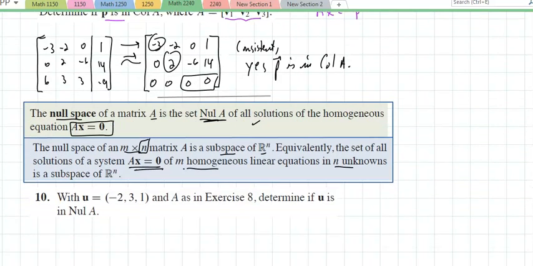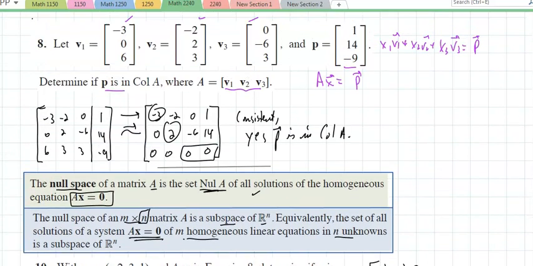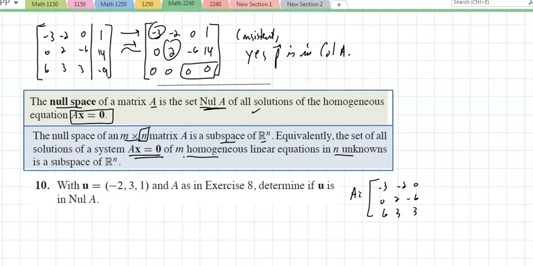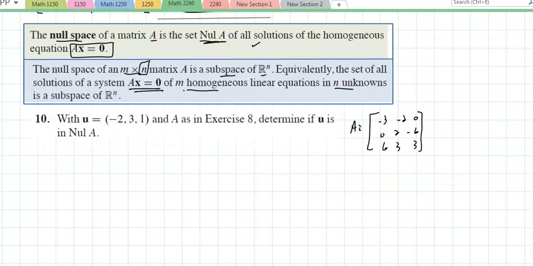There's A. Those three vectors. And did I get them right? Yeah, I got them right. Okay. They're asking, determine if U is in the null of A.